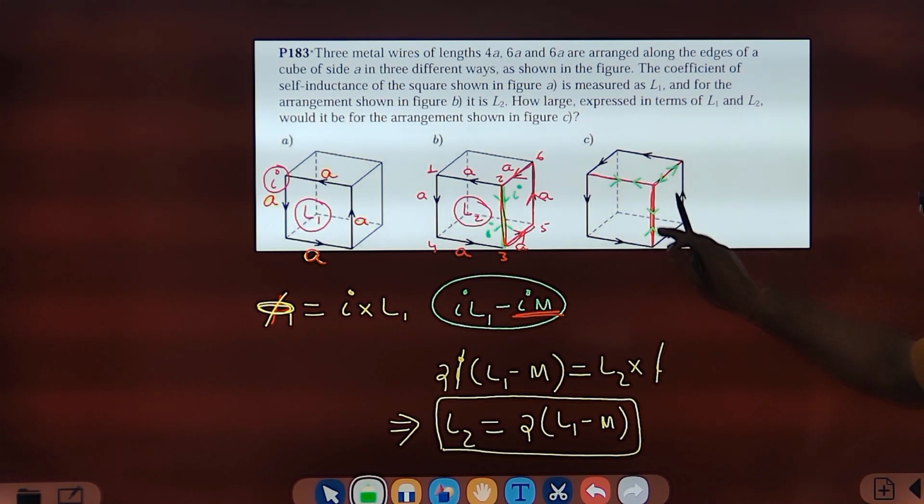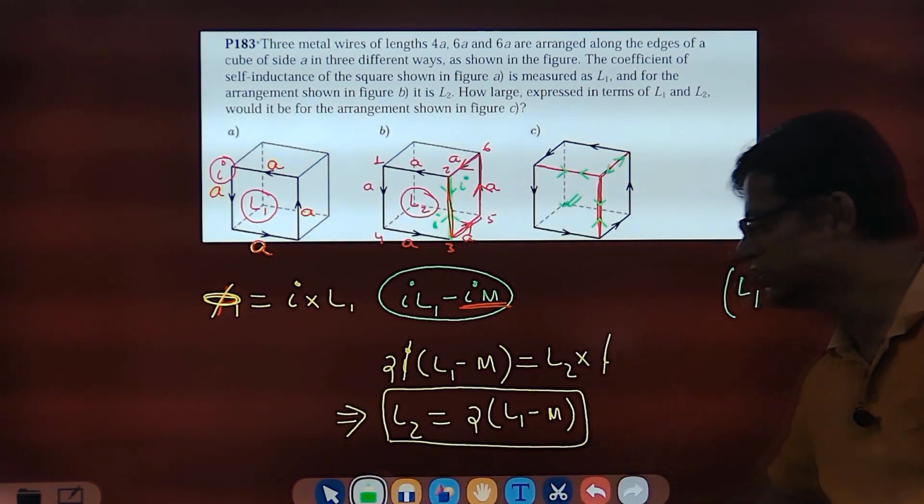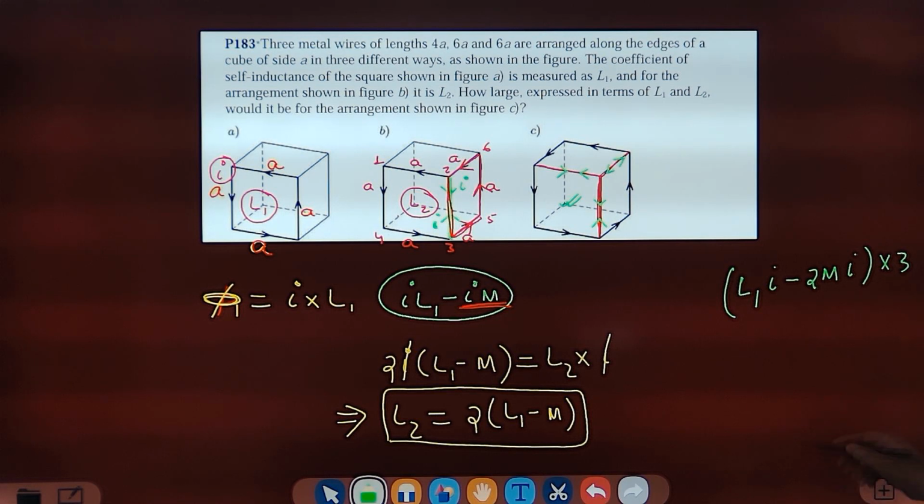But now you see we have 3 independent loops. Now, out of these 3, if we consider one of them, and if we try to know what is the flux linkage through this loop, then obviously due to its own current it is L1 into I, but then the other 2 are also contributing, and we have already checked that the contribution from the adjacent loop is coming with a negative sign, and therefore, this will be minus 2M into I. And then we have 3 of them, so total flux linkage is this into 3, and that has to be equal to I into L3.